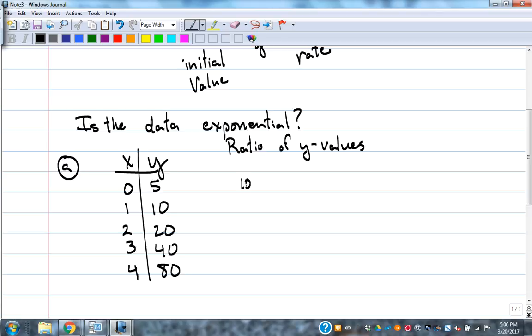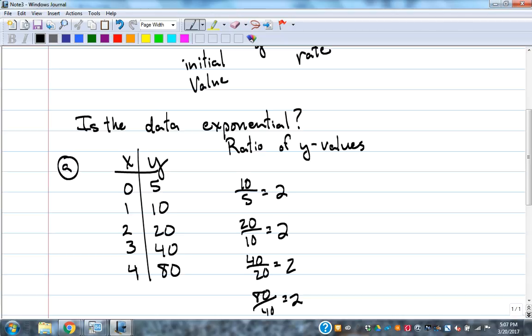So we're taking 10 divided by 5, that's 2. 20 divided by 10, that's 2. 40 divided by 20, that's 2. 80 divided by 40, that's 2. If it's the same every time, so you're taking the next one divided by the previous one, always. So second divided by first, third by second, fourth by third, and keep going from there.